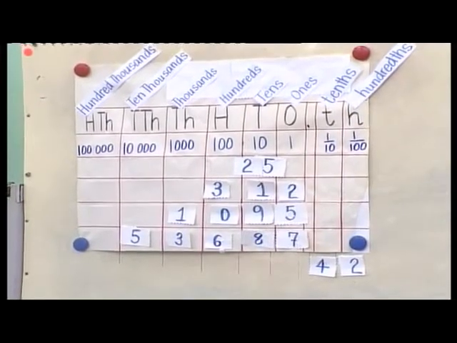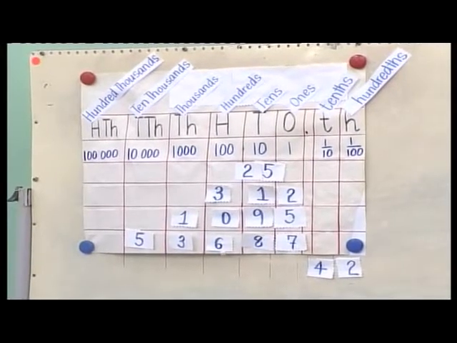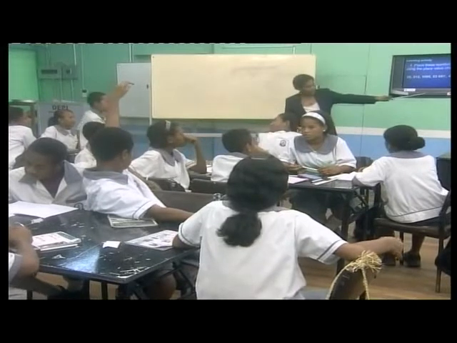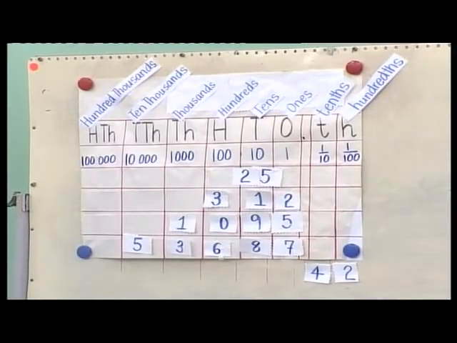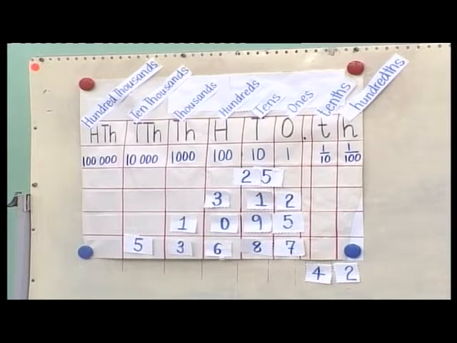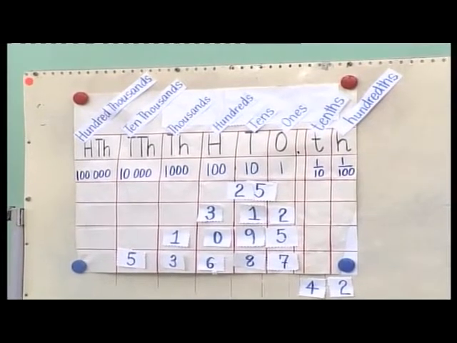Okay, from this side here. Robert, do you agree with the place value of that last number, 4.2? Do you agree? Is it correct? Is it put in its right place? No?